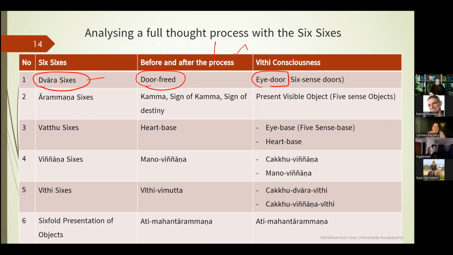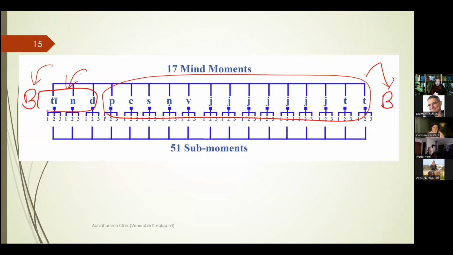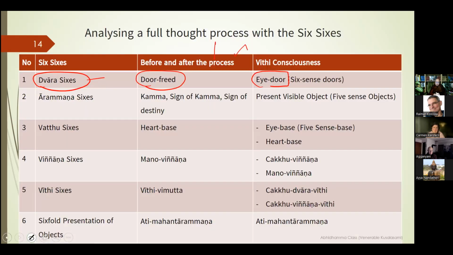The second one is Arammana 6. We look at the thought process from the Arammana point of view. Before and after the thought process it is Bhavanga, and Bhavanga takes the Arammana as kamma, kamma nimitta, or gati nimitta.